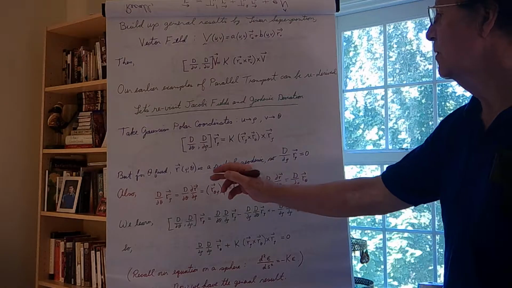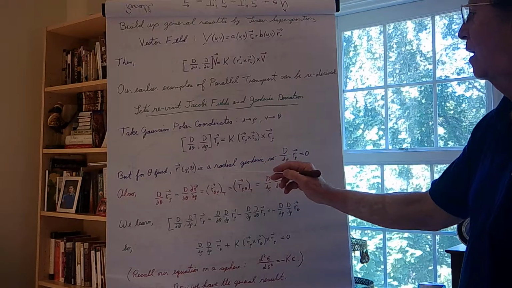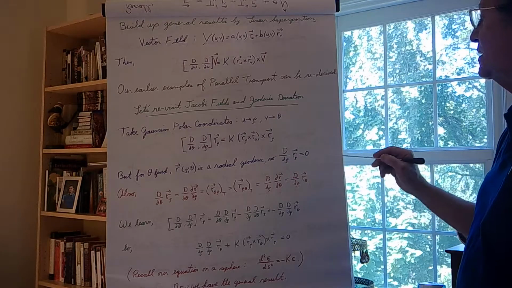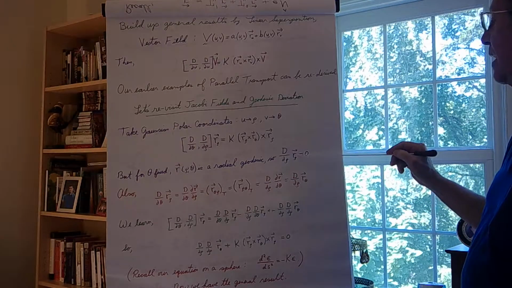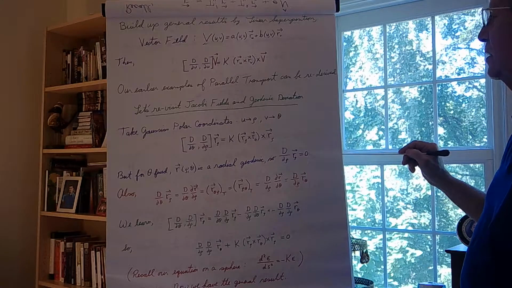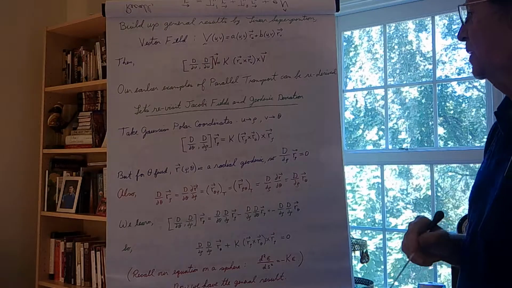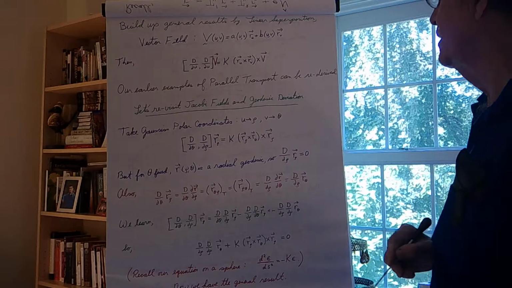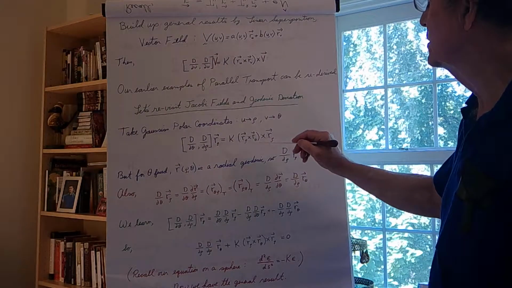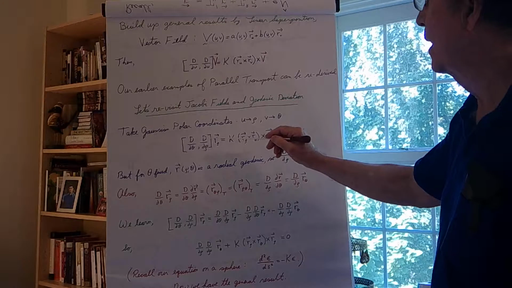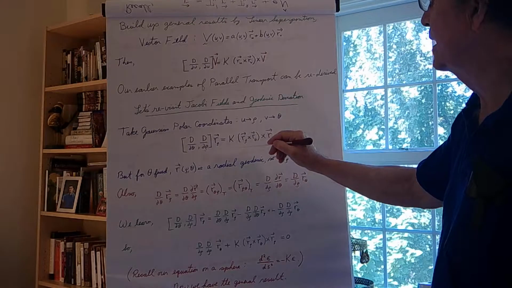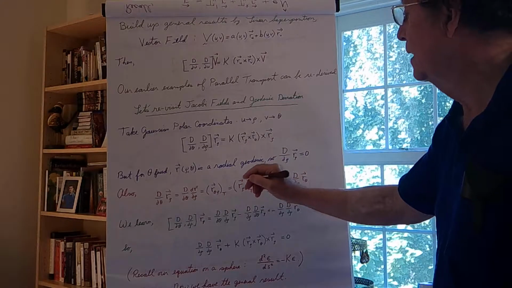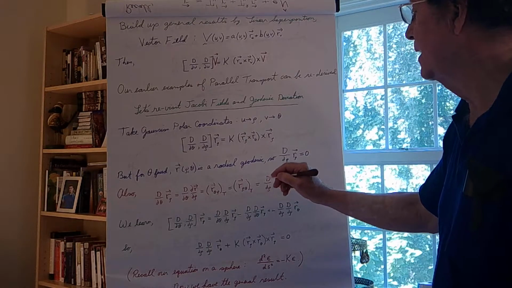But it simplifies, because for theta fixed, R of rho and theta is the radial geodesic, and so the tangent to the radial parallel transports. So one of these terms disappears completely. And on the other term, I have R sub rho hit by the covariant differentiation in the theta direction, and so I write that down here.